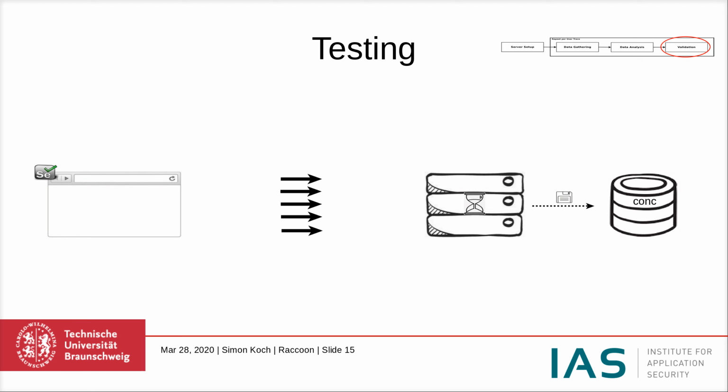This ensures that we do not change the behavior of the web application in a way that would introduce a vulnerability in the first place. For the application, it looks like a long response time by the database. As during the data collection, we collect the requests and corresponding SQL queries.